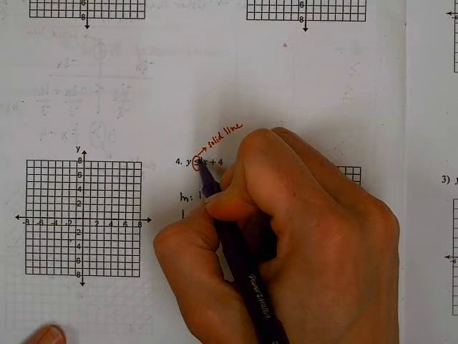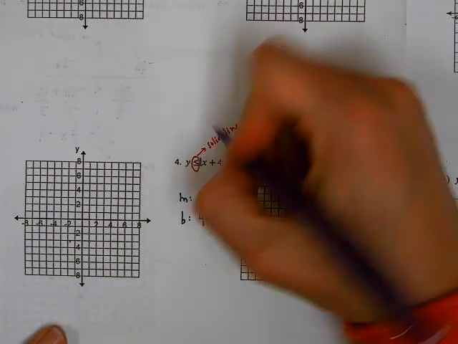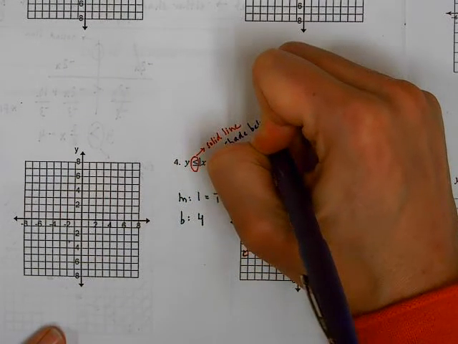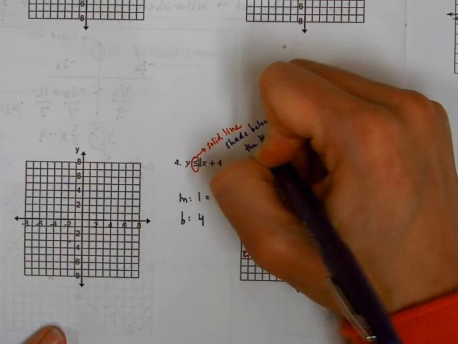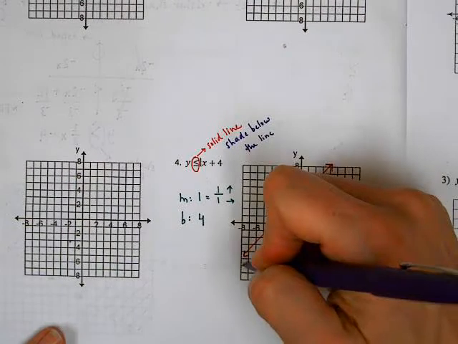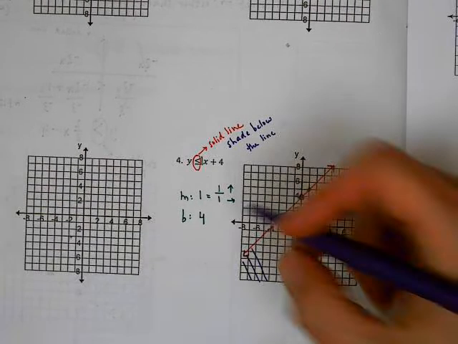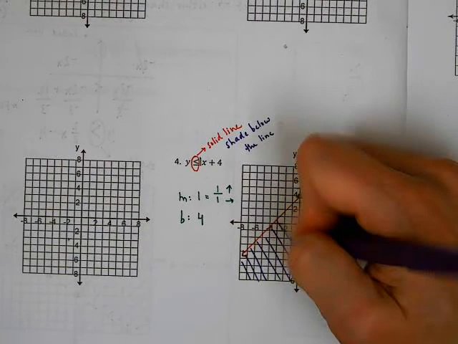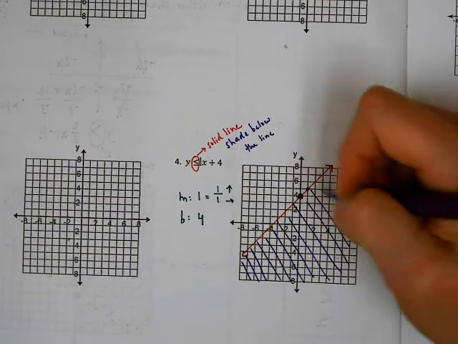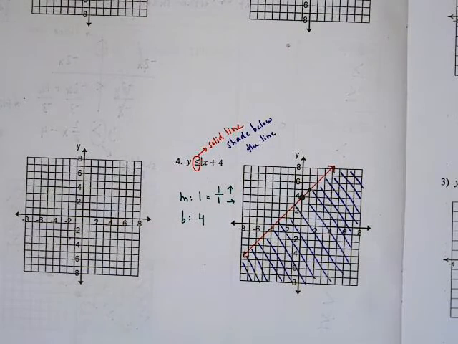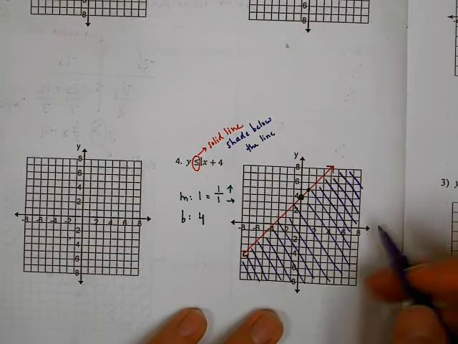Since it's a less than symbol, I'm going to shade below the line. So that means anything underneath. If you think about walking on the line here, I want to shade below where I'd be walking. And this is how I represent that. So again, the idea is any point in this purple region should be a solution.